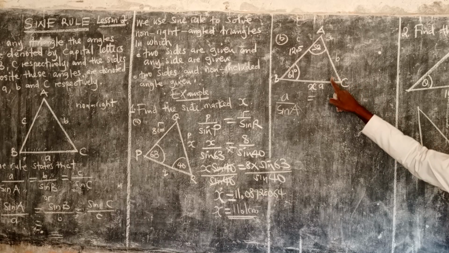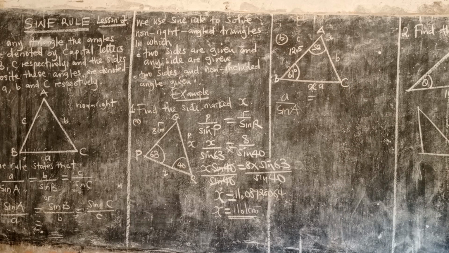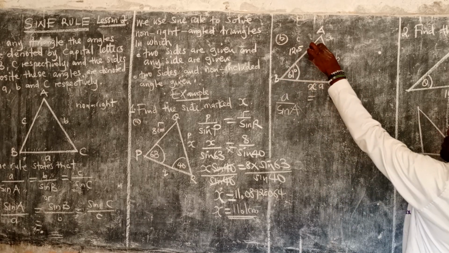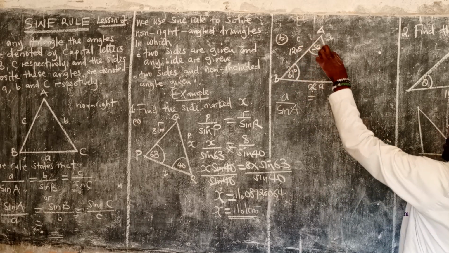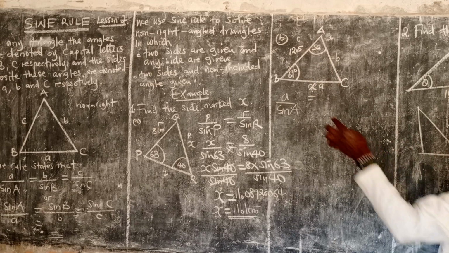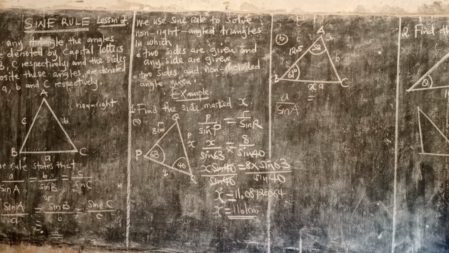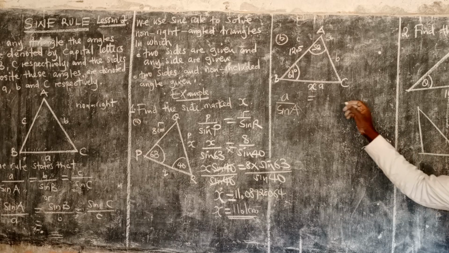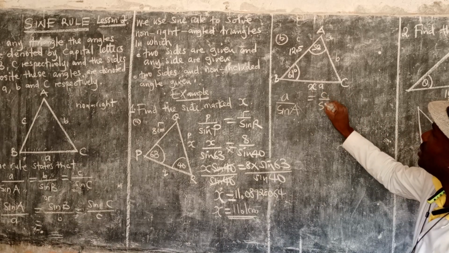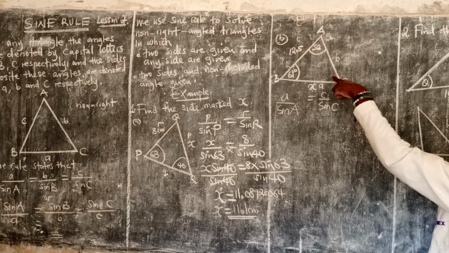So C, but do I have the angle there? No. But is it possible for me to find the angle? Yes, it is. When you add the interior angles of a triangle, they add up to 180. So when I add 61 plus 52 plus the missing angle, I'm supposed to get 180. So now it will be c over sine C, but before I use the formula, I'm supposed to find the angle.